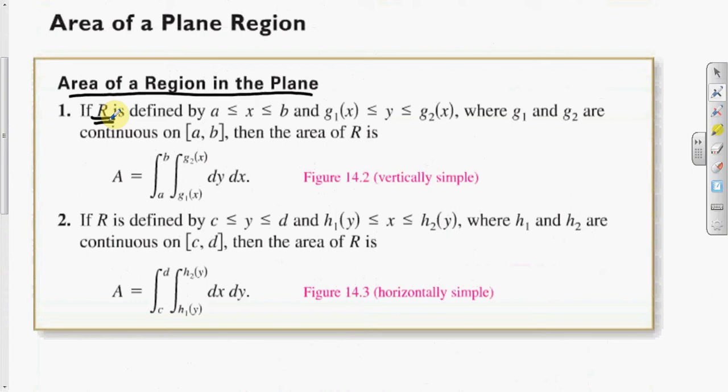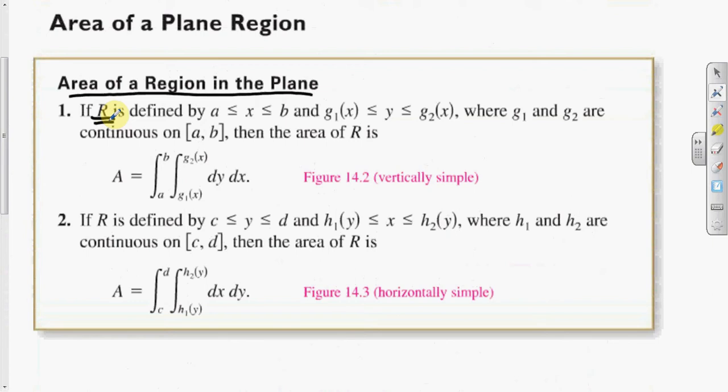So if it's vertically simple, we say that R is defined by x bounded below and above by a and b. Y is bounded below and above by g sub 1 and g sub 2. g1 and g2 are said to be continuous on the closed interval [a, b], going back to what bounds x.